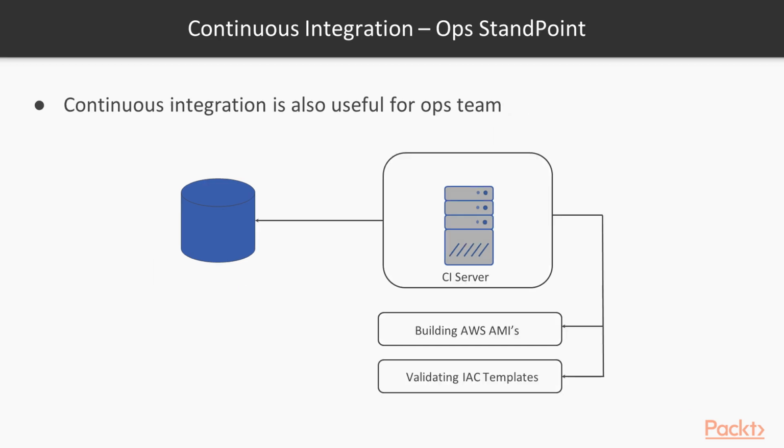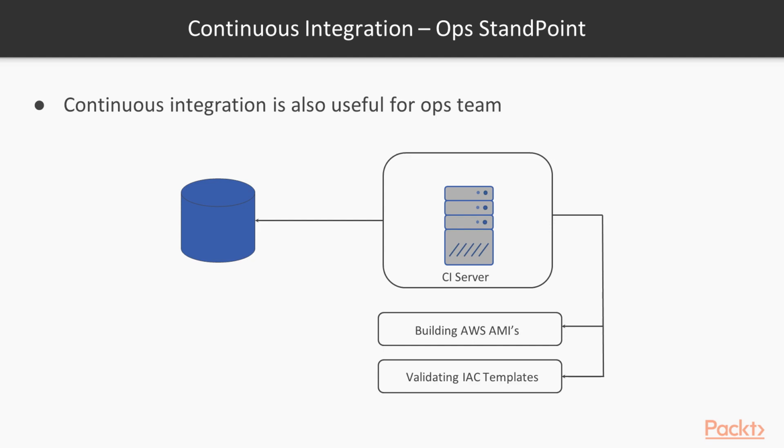Generally it is assumed that the CI server or the CD is only useful for the developers, but it is not so. It is extremely useful even from the operations team standpoint. Many times you want to validate a lot of things. Many organizations have automated AMI provisioning, and they have automated the infrastructure as code based approach.